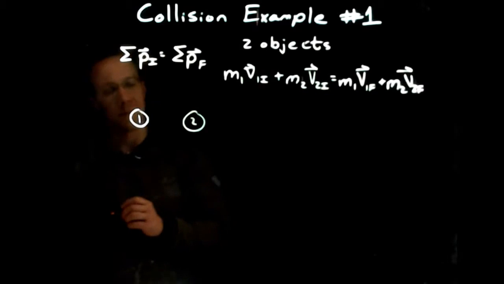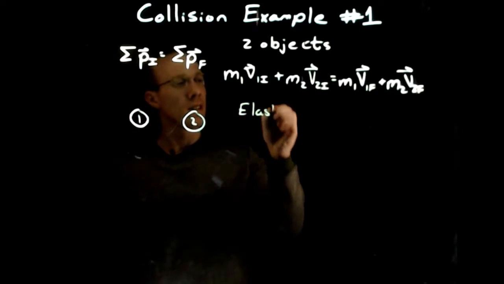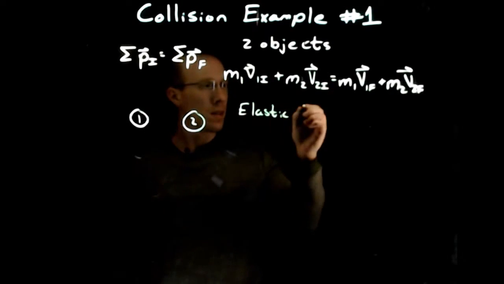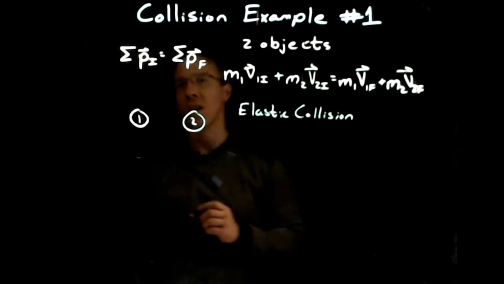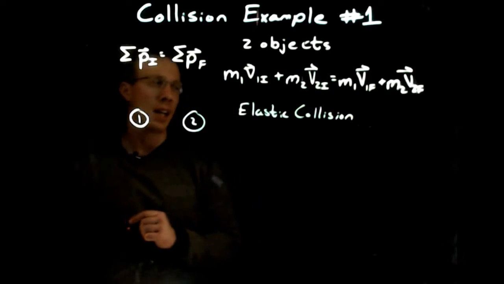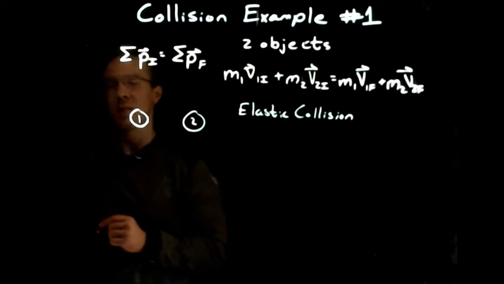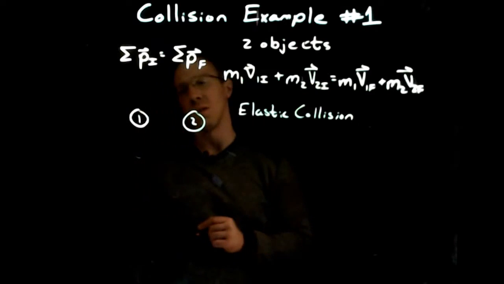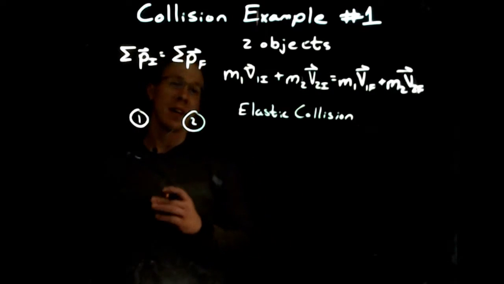mass 2. And this is going to be an elastic collision. If you recall, in an elastic collision, you have both momentum and kinetic energy conserved. Sometimes that could lead to some problems, and some people want to use the kinetic energy equation, and technically you can.